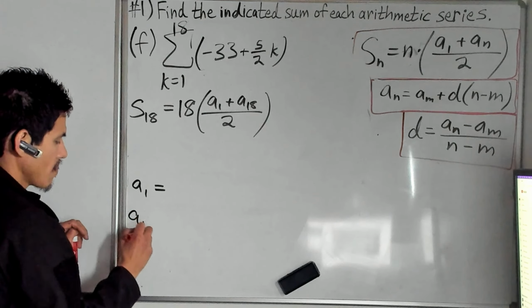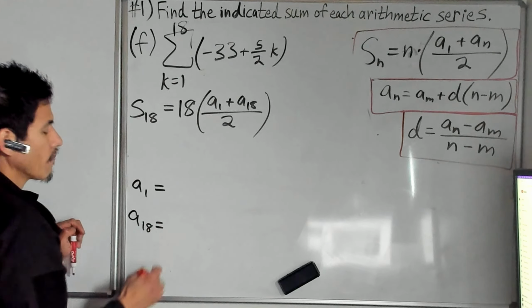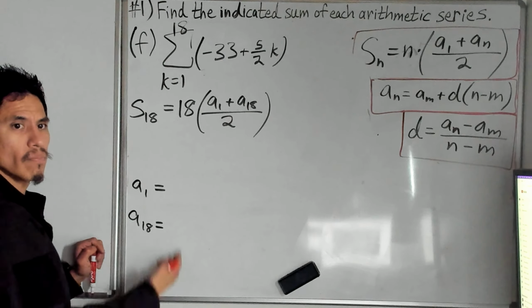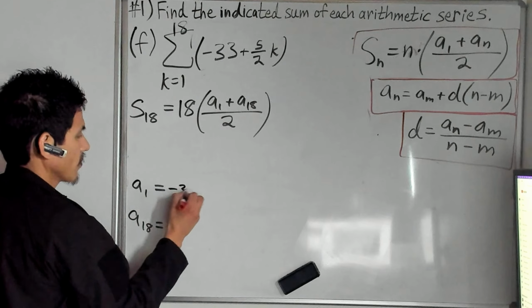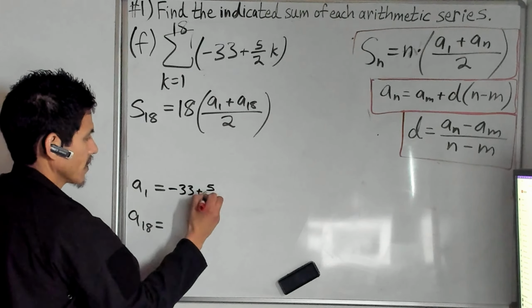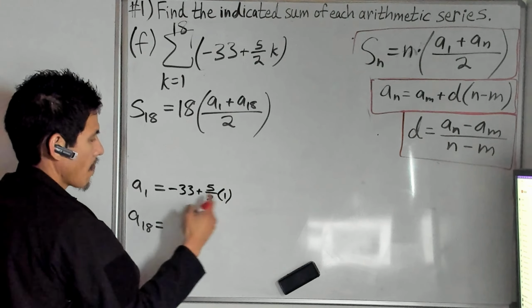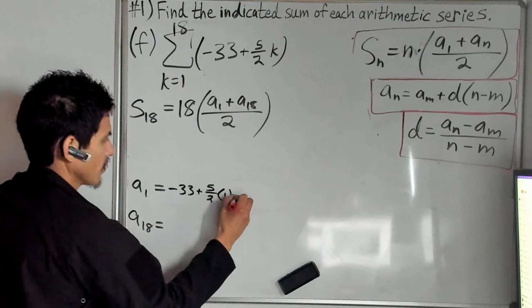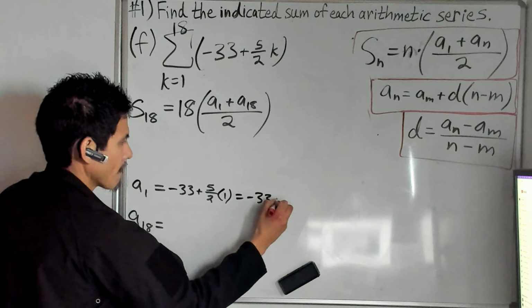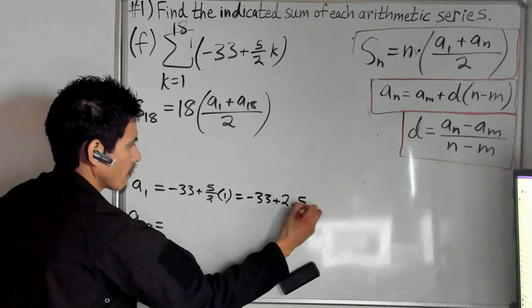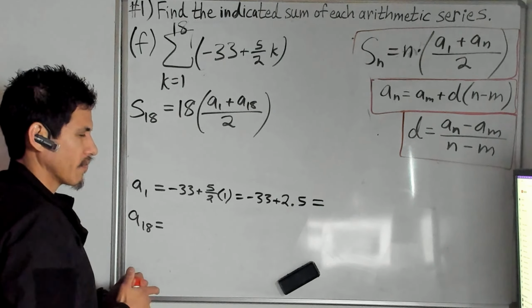A1, we plug in 1 into that. Negative 33 plus 5 halves times 1. This is just negative 33 plus 2.5. That'll be negative 30.5.